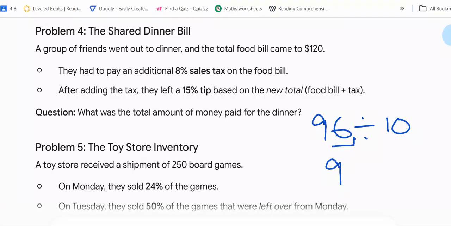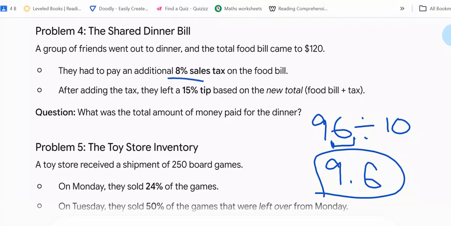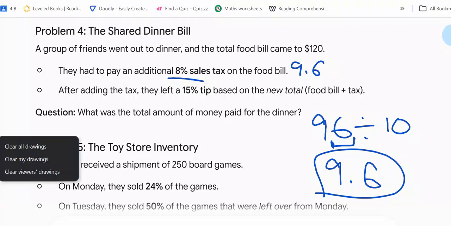And when we divide it by 10, the decimal will move one place to the left. It will become 9.6. Okay, they have to pay an additional 8% sales tax on the food bill. It is like 9.6 they have to add on their bill.